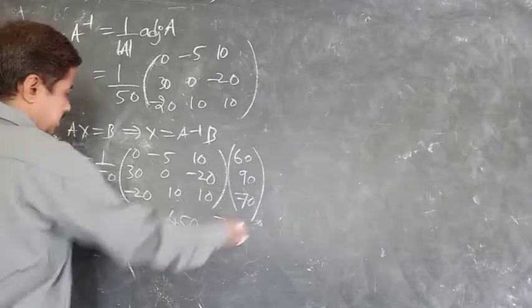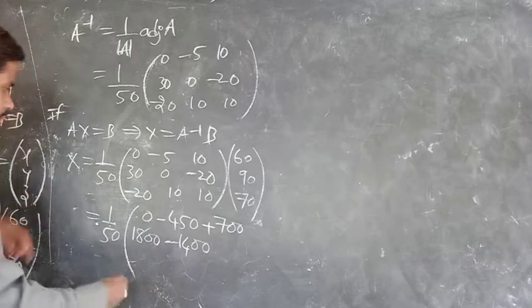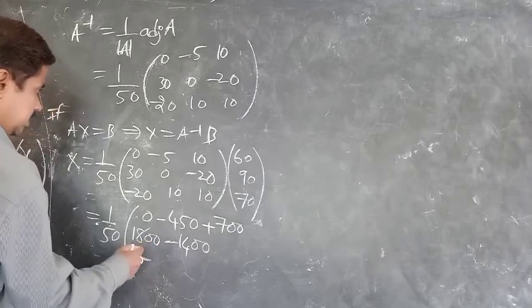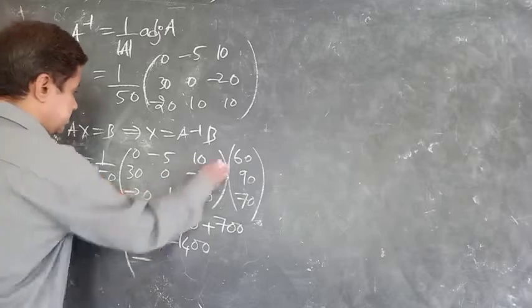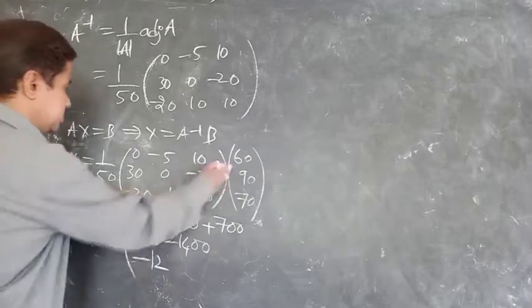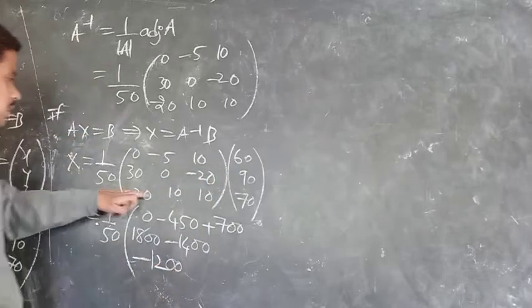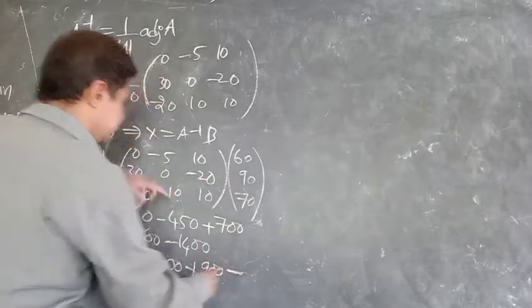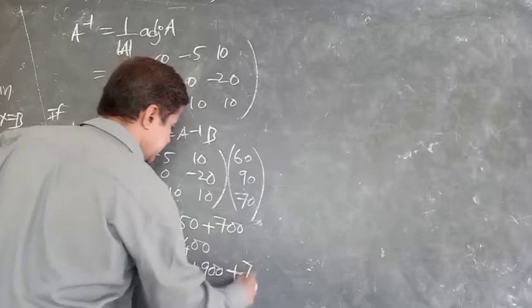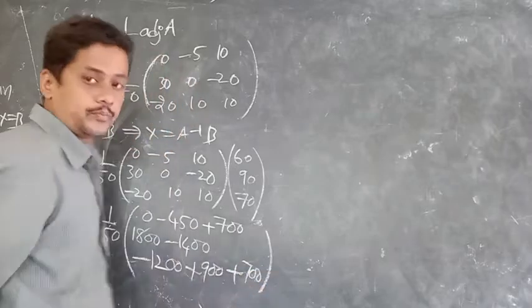Third row, first column. Minus 20 into 60. This is minus 20 into 60, 1200. 0 into 0, 0. 10 into 90, 900, plus 900, minus, plus 700. Okay.